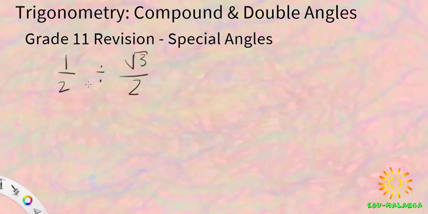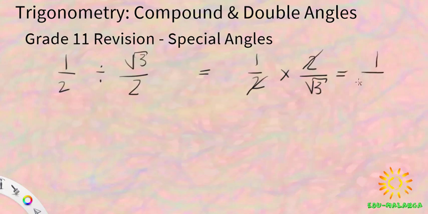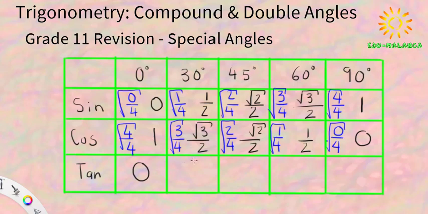Remember, when you are dividing one fraction by another, you simply swap the numerator and the denominator of the fraction you're dividing by and change the sign to multiplication. So this is going to be equal to 1 over 2 times 2 over root 3. The 2's will cancel out, and you're going to have 1 over root 3. So this is the special angle for tan of 30 degrees, 1 over root 3.